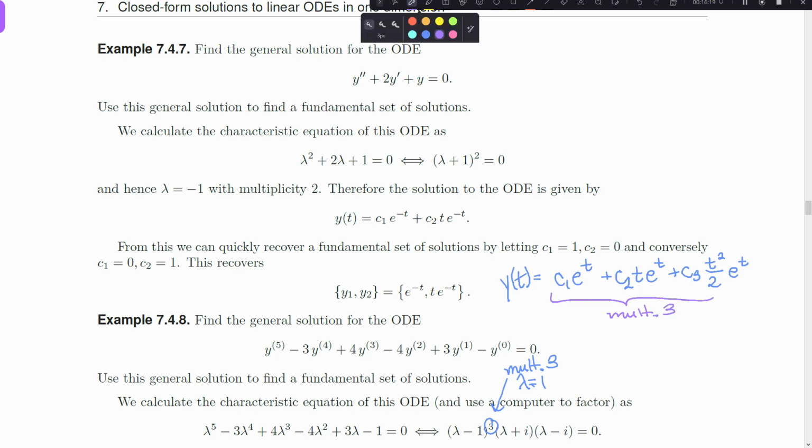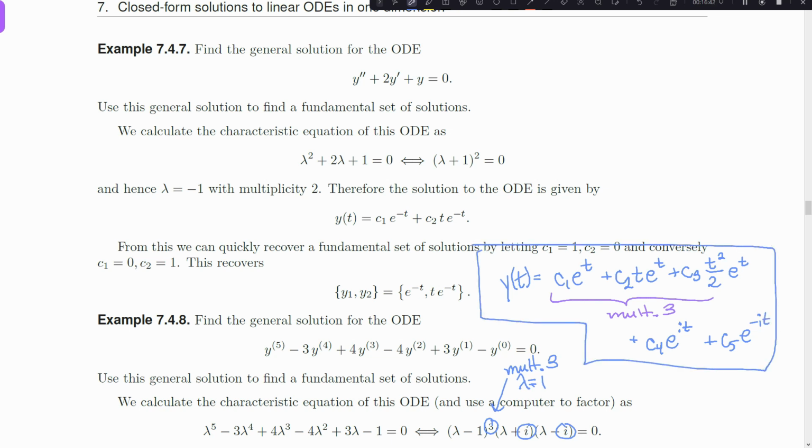And then I'm going to recover the solutions of multiplicity 1, which correspond to i and negative i. I guess I circled those backwards, but you get the idea. C4 e to the i t plus C5 e to the minus i t. So that's going to be my solution once I've factored my characteristic polynomial.